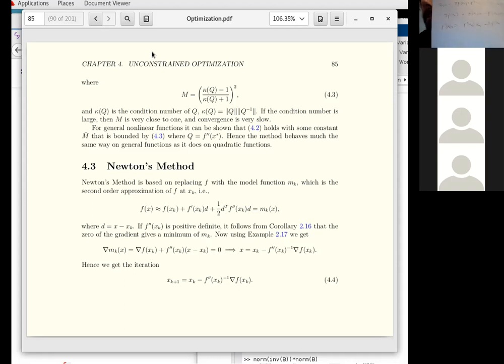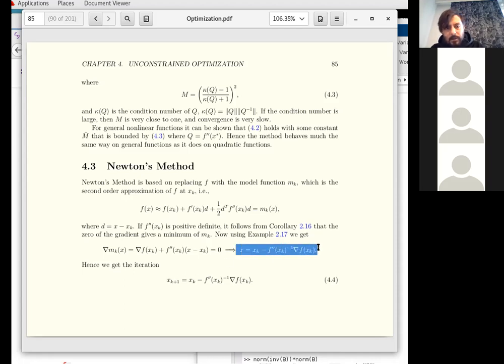On the right hand side we have f double prime operating on x is equal to f double prime operating on x_k minus the gradient of f at x_k. And now we multiply with the inverse of the Hessian, and we get that x is equal to x_k minus f double prime at x_k inverse times the gradient at x_k.